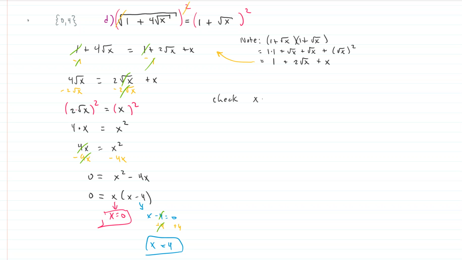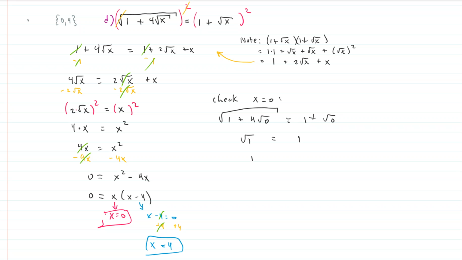Let's check x equals 0 first. So we have the radical of 1 plus 4 root 0 equals 1 plus root 0. Root 0 is 0, so 0 times 4 is 0, so we get root 1 equals 1.